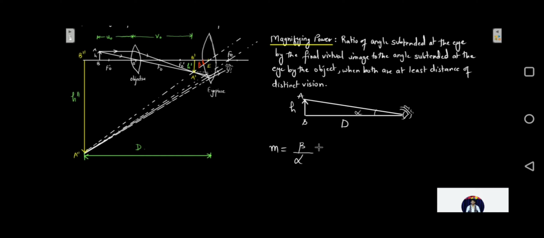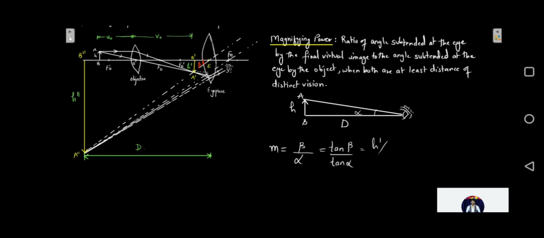Okay, so since alpha and beta are small, we can say that it is tan of beta upon tan of alpha. So what is going to be tan of beta? If you see this triangle over here, E, B dash, A dash, tan of beta is going to be opposite, that is H dash, upon the distance of the object for the eyepiece.